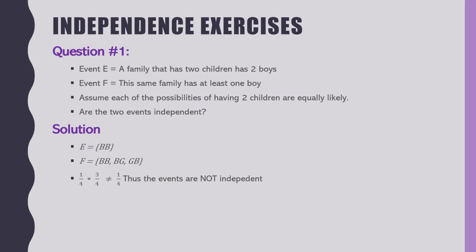Whatever that is, it is different than just the probability of E on its own. The probability of having 2 boys is different given you have at least 1 boy. And that kind of makes some sense, right?